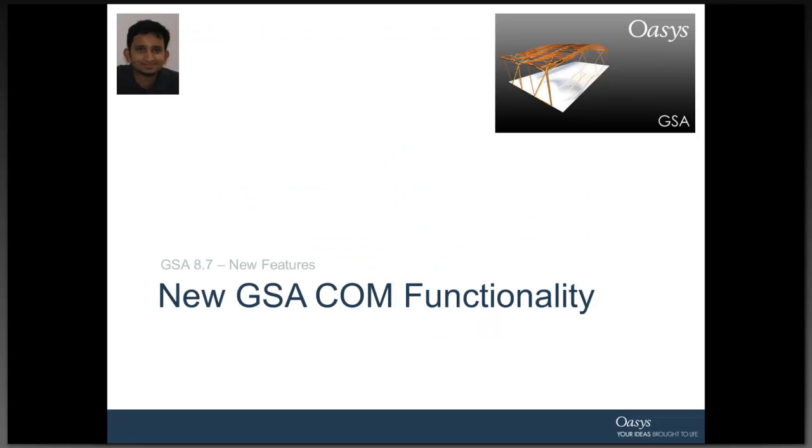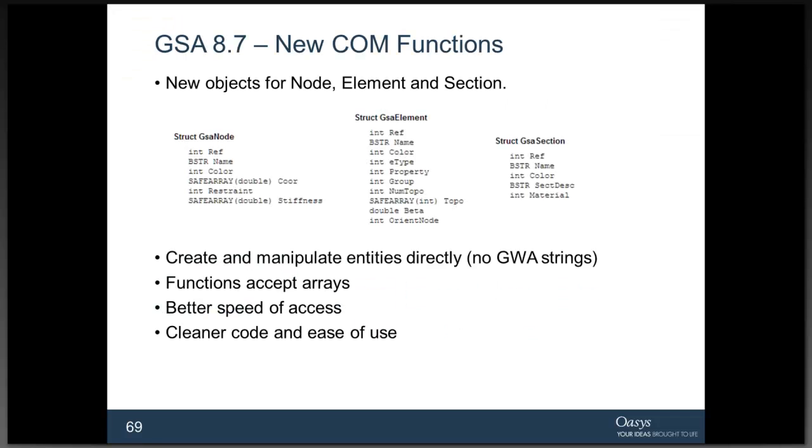Moving on to the new COM interface features. If you've used the GW command in the COM interface, you might have noticed how you'd have to assemble and disassemble strings in GWA syntax in order to get to the information you're interested in.